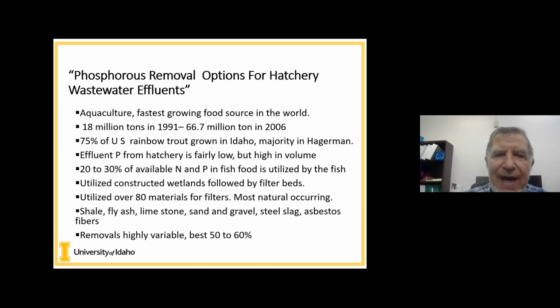They used over 80 different types of materials for filters, most which are naturally occurring filters, such as shale, fly ash, limestone, sand and gravel, steel slag, asbestos fibers, and a number of others, obviously, to get to the high number. Removals were highly variable. At best, though, they only represented 50 to 60% of the available.